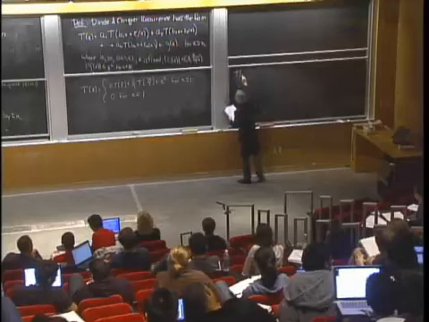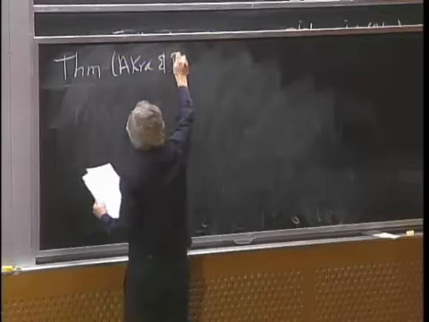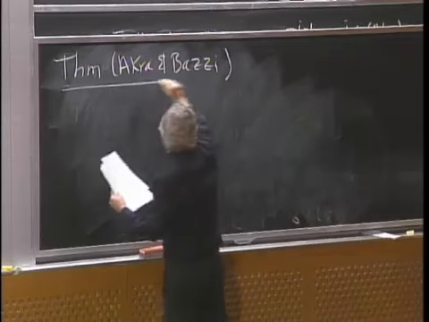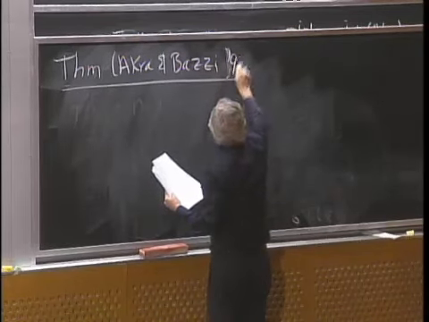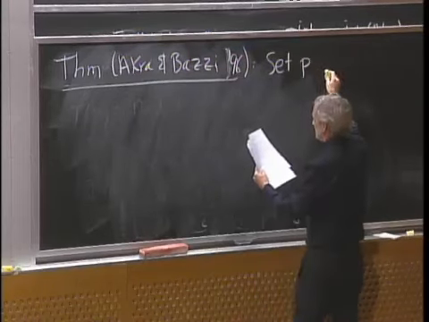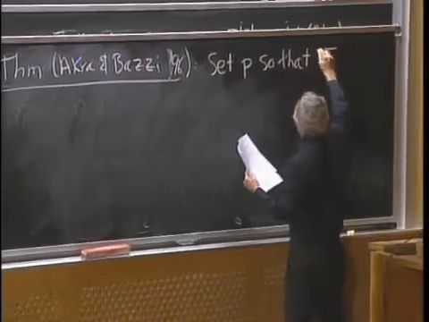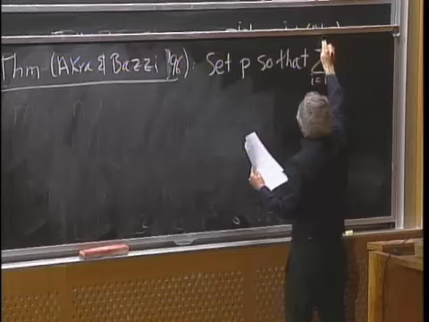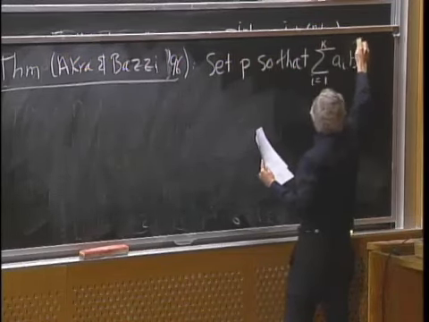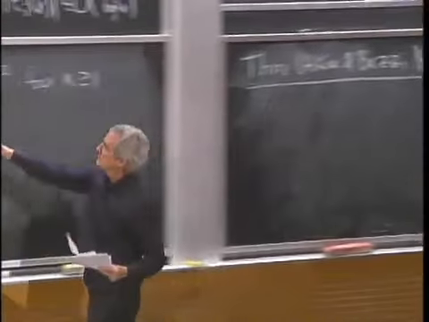So, the theorem by Akra and Bazzi in '96: set p, a real number, so that the sum from i equals 1 to k of a_i times b_i to the p equals 1. The a_i's are these things here.